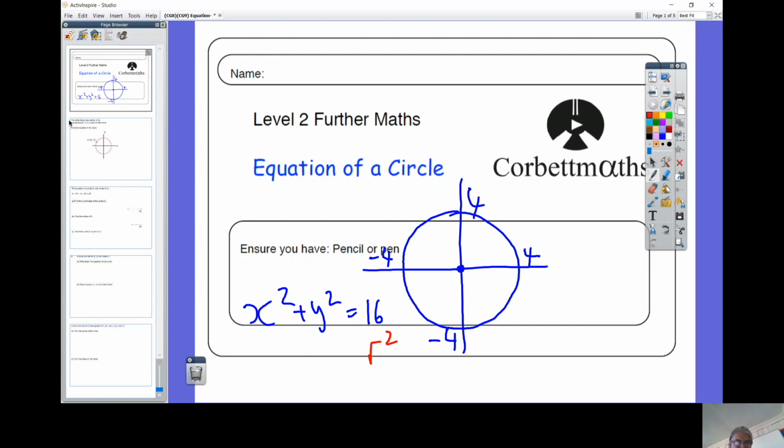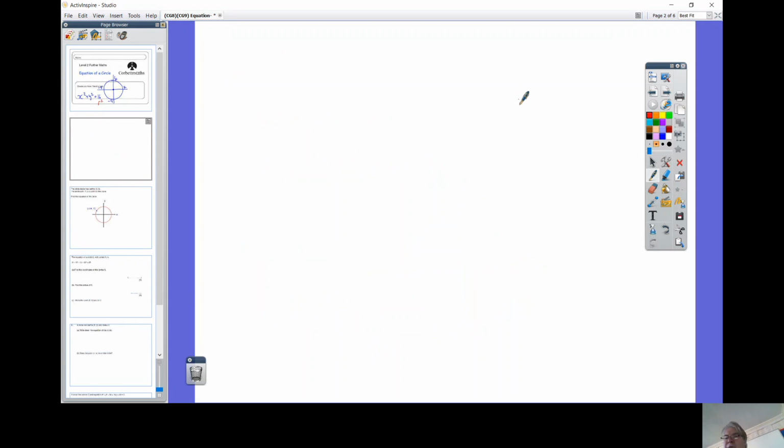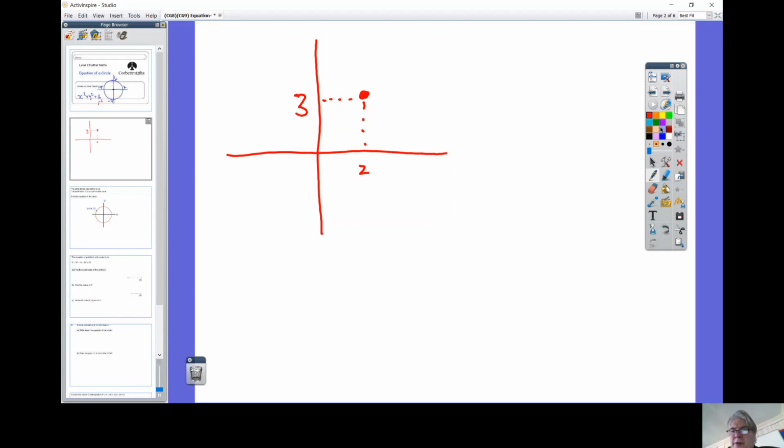Now, for further maths, we need to go for circles which do not have the origin as the centre. Let's say, for example, we've got a circle which has the centre at the coordinates 2, 3, and then some big circle going off around that.